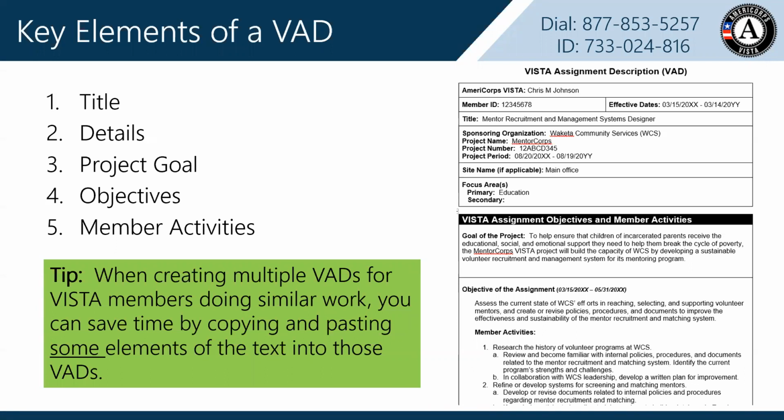The VAD requires you to put the program details such as the program name, project period, number of members, etc. Much of this information can be found in your project application. Conveniently, your application is available within your organization's eGrant account, so you can easily copy and paste the appropriate content. You will want the member to see the overall program goal along with the concrete objectives and specific activities to accomplish them. The activities work to accomplish the objectives, which work to meet the goal.